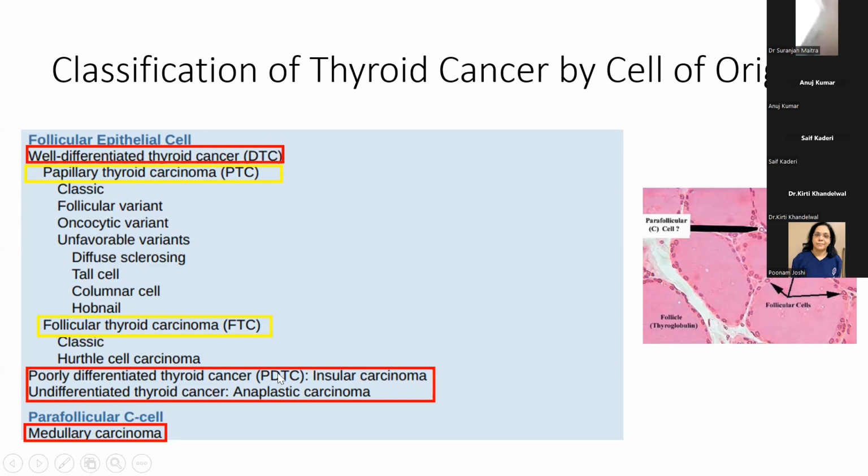We have the poorly differentiated tumors that are also named insular carcinoma, and the undifferentiated thyroid cancers, which is anaplastic carcinoma. So these are towards the more aggressive histologies when compared to the well-differentiated thyroid cancer. And as I told you, the cancers that arise from the parafollicular C cells are the medullary carcinoma of the thyroid.